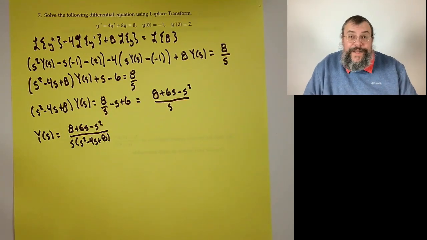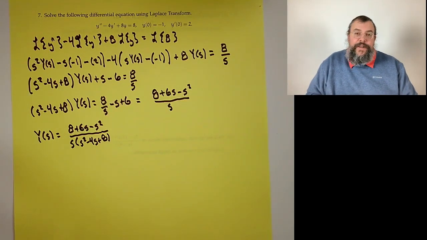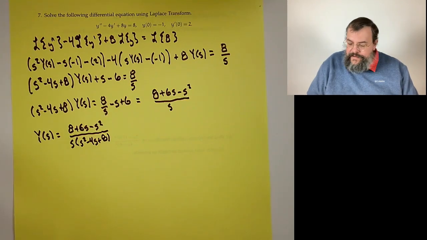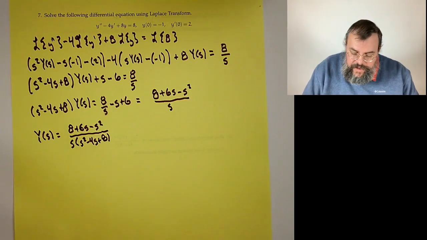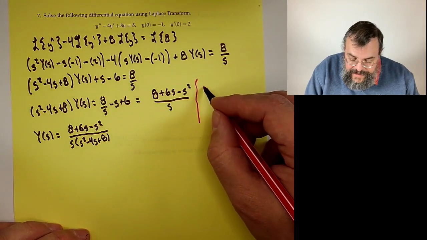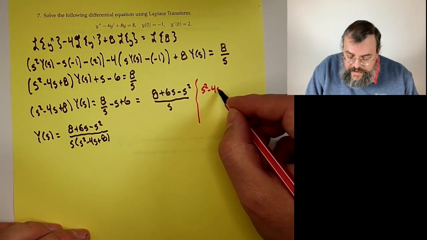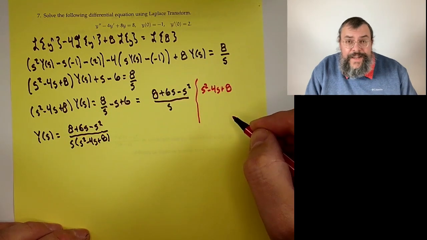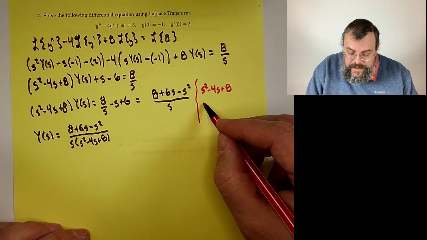Now, we probably should make a comment here when we talk about s squared minus 4s plus 8. Does it factor nicely? And if it doesn't factor nicely, you should say, I don't see it factoring nicely. So do completing the square.